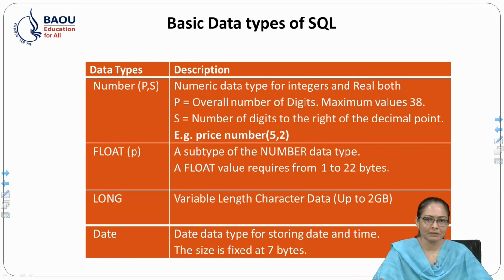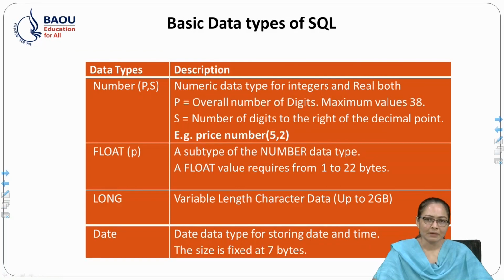For example, price NUMBER(5,2). Here we can store a maximum number up to 999.99. Suppose price is equal to 180.50. Then P, the total number of digits, is equal to 5, and S, the number of digits after the decimal point, is equal to 2. Now FLOAT(P).